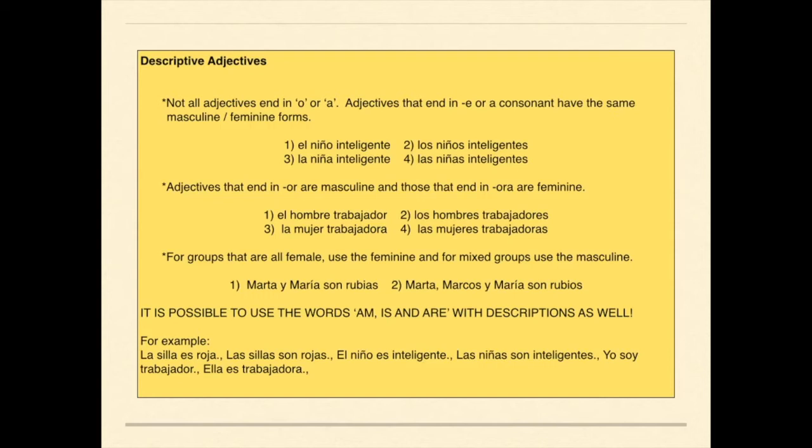Las sillas son rojas. The chairs are red. Notice the difference between is and are. El niño es inteligente. Las niñas son inteligentes. Yo soy trabajador. I am a hard worker. Ella es trabajadora. Okay?